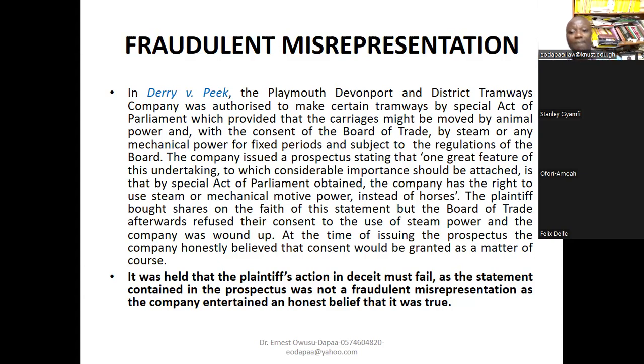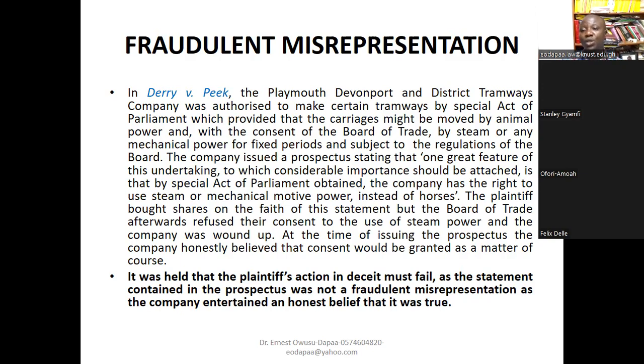For that matter, the court held that the plaintiff's action in deceit, which is the same as where you sue someone for fraud, must fail, as the statement contained in the prospectus was not a fraudulent misrepresentation, as the company entertained an honest belief that it was true.